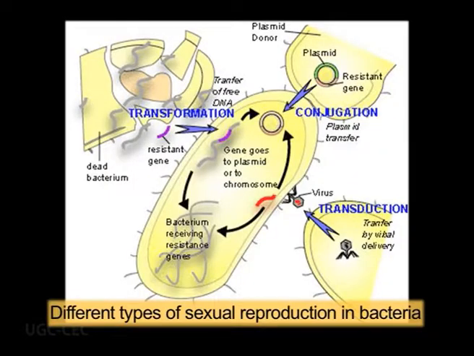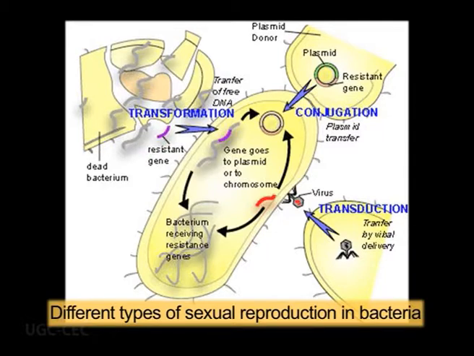So thereby we can say that the bacterial DNA is perpetuating from one cell to another. As I was telling, bacterial sexual reproduction can be of three major types, that is conjugation, transformation and transduction. You can see in this figure, conjugation maintains a clear contact between two bacterial cells. In transformation, DNA which is present outside the bacterial cell, maybe in another bacterial cell, or maybe as a naked DNA outside, will get into the bacterial cell and modify it.